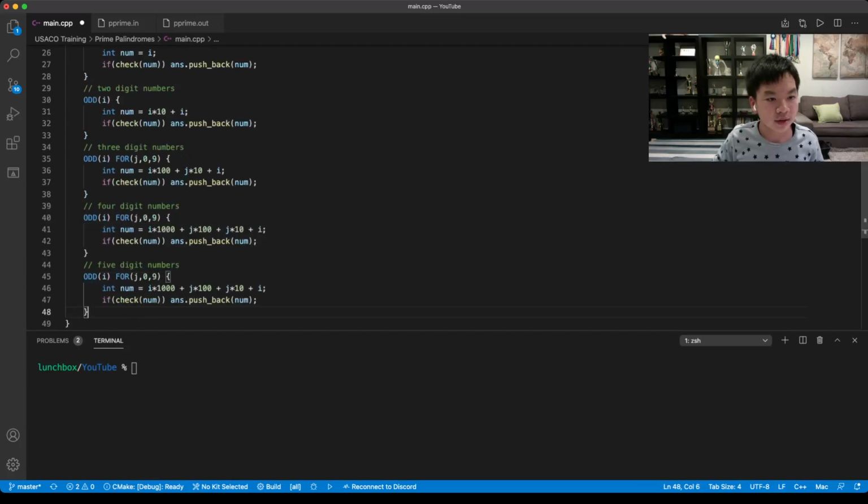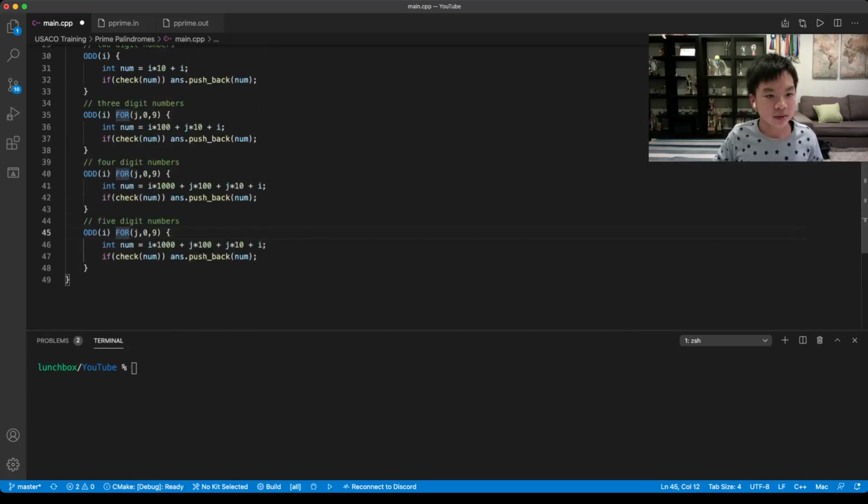Okay, so we have our odd, and then we also need our k. K 0 to 9. And here we go. Whoops, this should say the same, and we need to add our k, so it'll be k times 100.